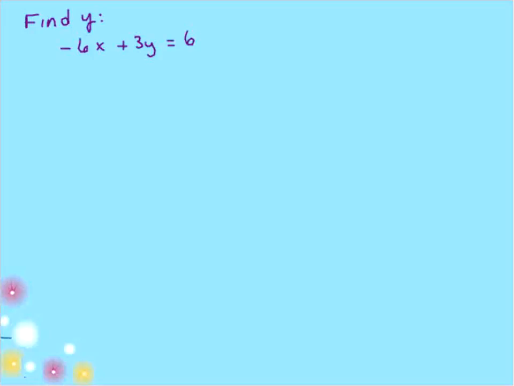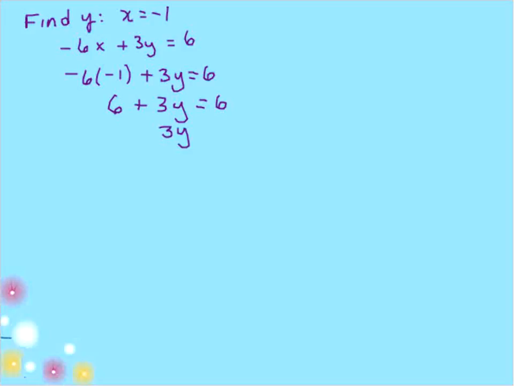We know that x is equal to negative 1. So I'm substituting that in for x. So I have negative 6 times negative 1 plus 3y equal to 6. That'll give me a positive 6 plus 3y equal to 6. Subtract 6 from both sides, and that gives me 3y equal to 0. Divide both sides by 3, and I get y equal to 0.